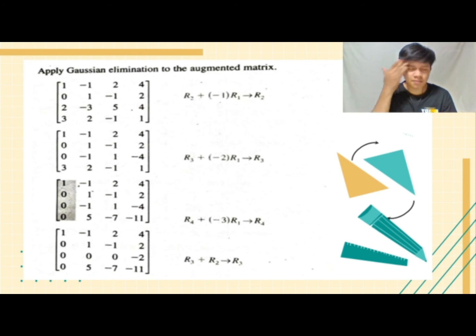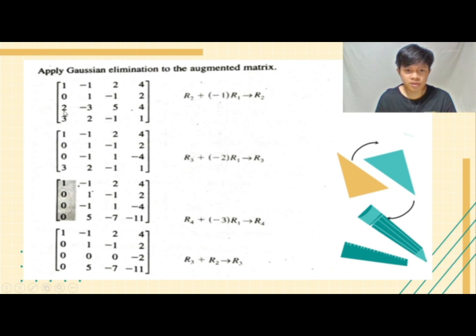So, the next step is row 3: r sub 3 plus the quantity of minus 2 times r1 is equal to r3. Okay? So, here we will base the computation on row 3, which is 2, negative 3, 5, and 4.